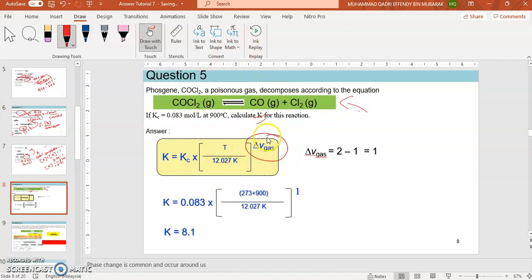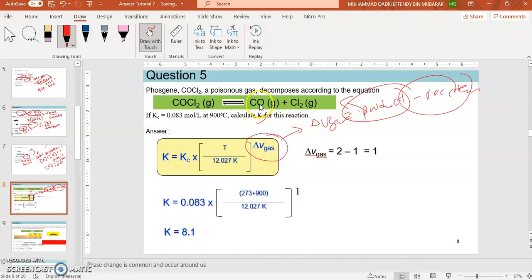First we need to remember delta n gas. Delta n gas is equal to product minus reactant. What we need to remember is that here it is not concentration anymore, it is the moles of the gas.